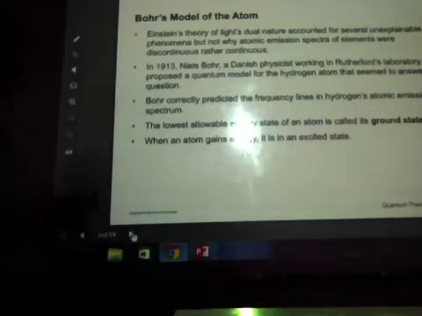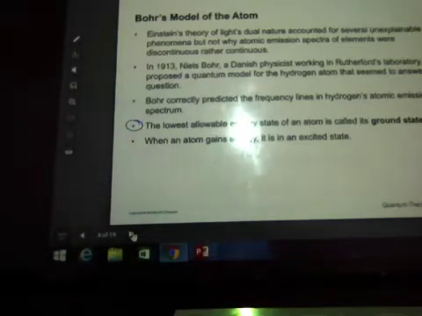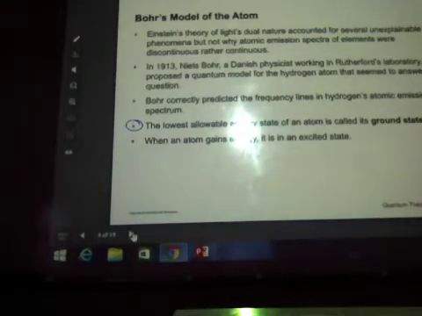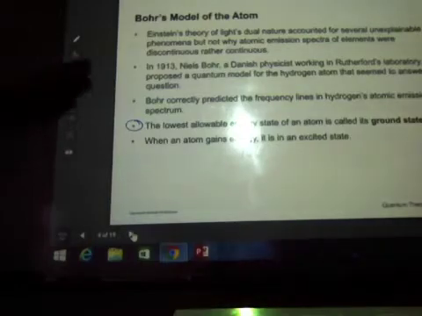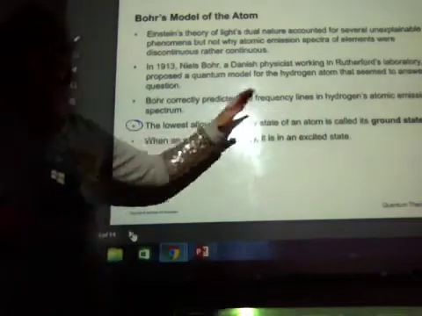And here's a vocab word. The lowest allowable energy of an atom is ground state. In simplified terms, this is where the atom wants to be. This is the recliner. So this is where an atom wants to be. It's the lowest energy, it is ground state.